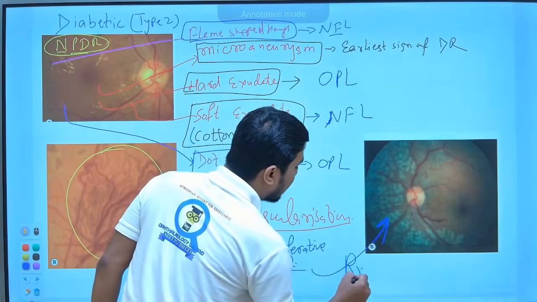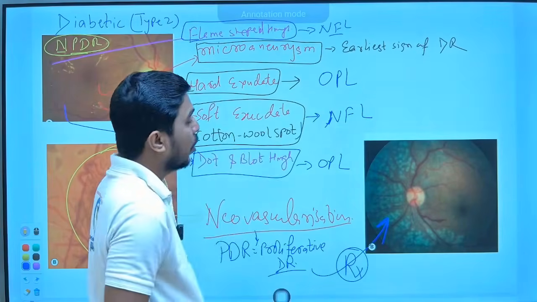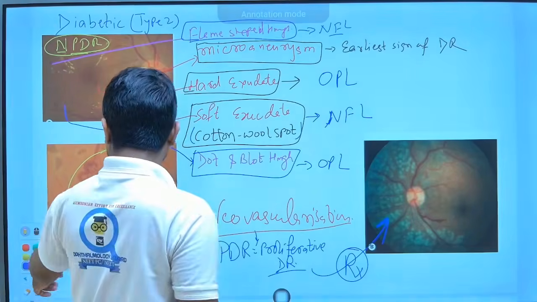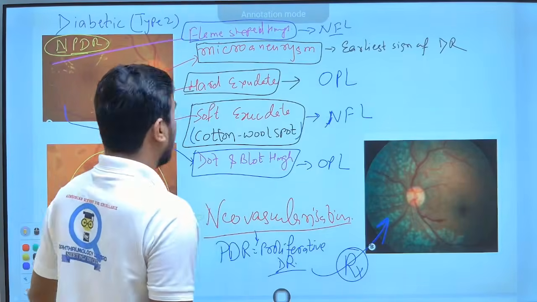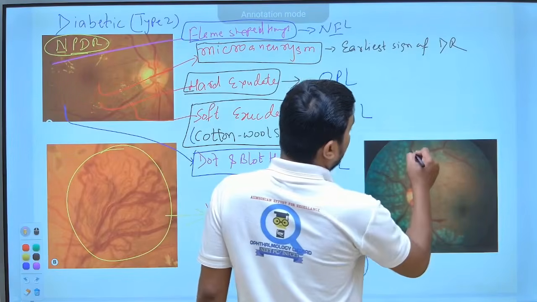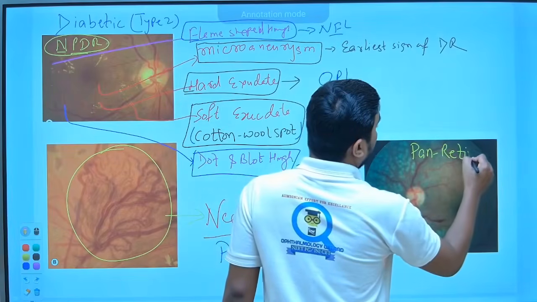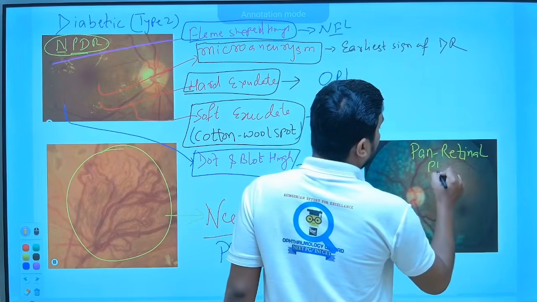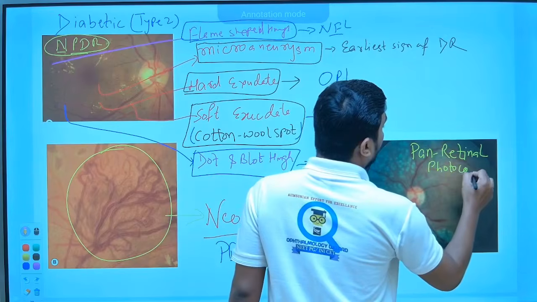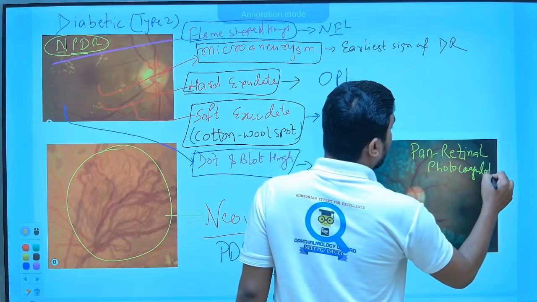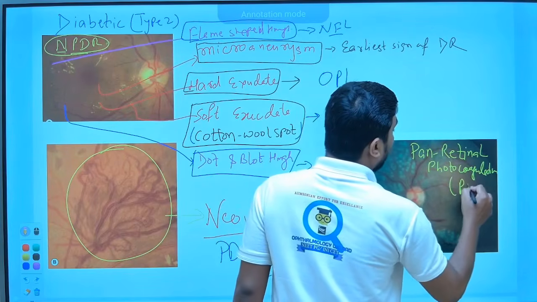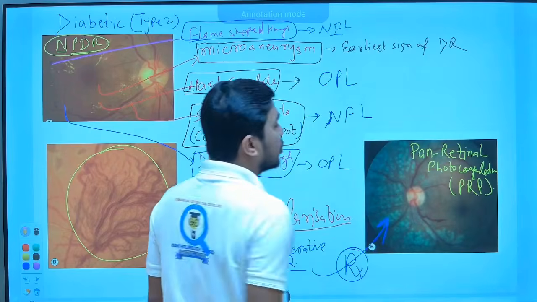So you will treat it like this. What is this? This is pan retinal photocoagulation or PRP. Understood?